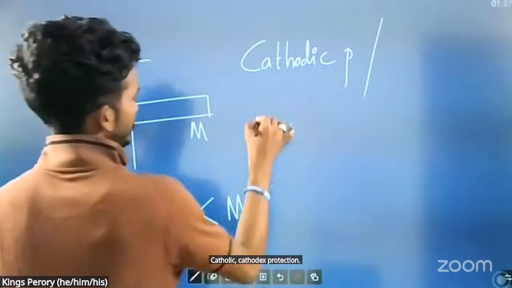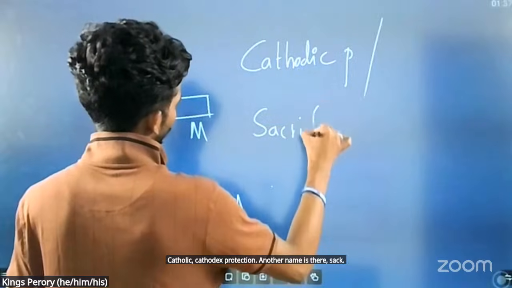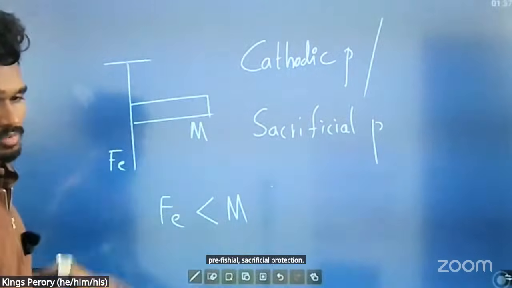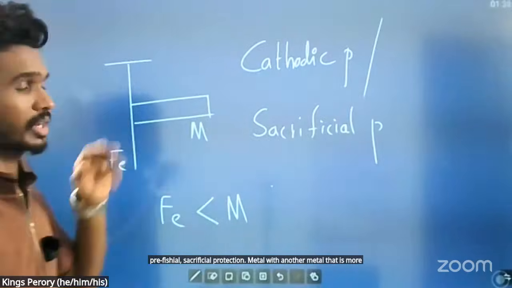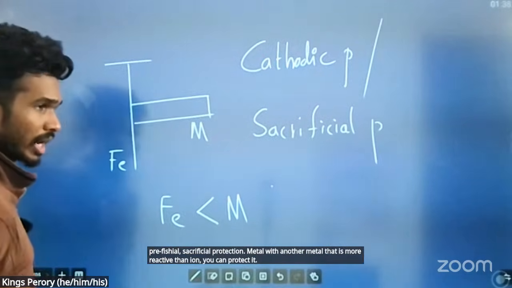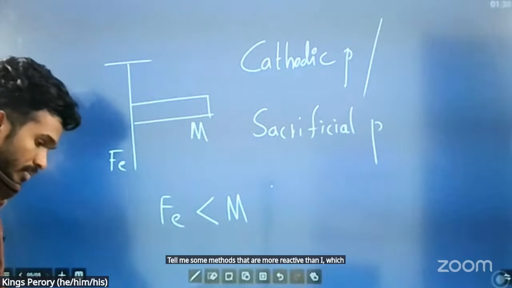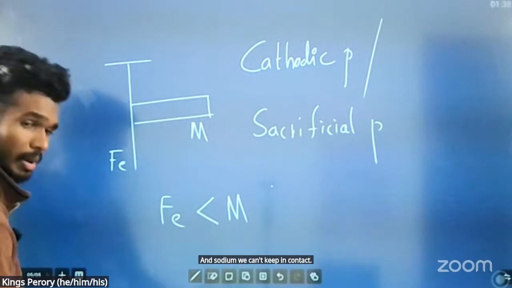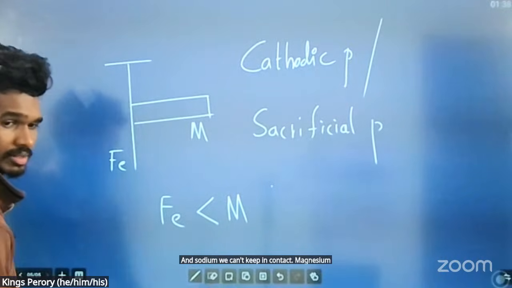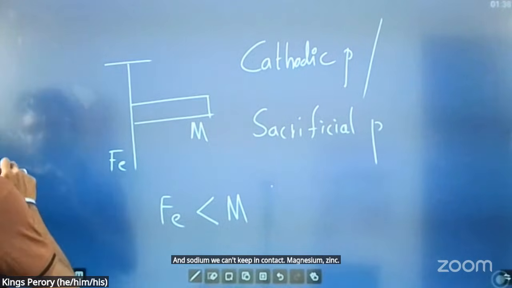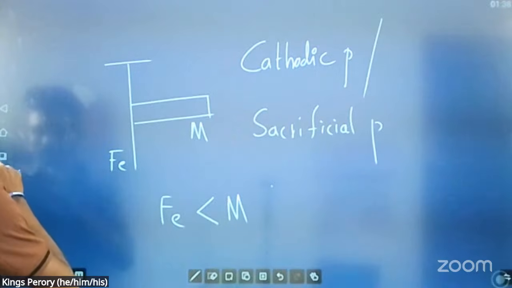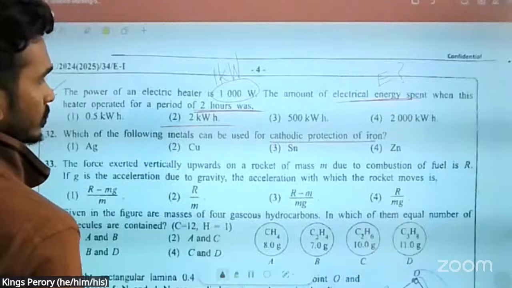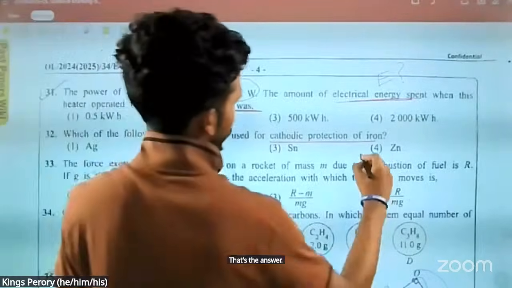Another name is sacrificial protection. Tell me some metals that are more reactive than iron, which you can keep in contact. Sodium we can't keep in contact. Magnesium, zinc. That's the answer: zinc.